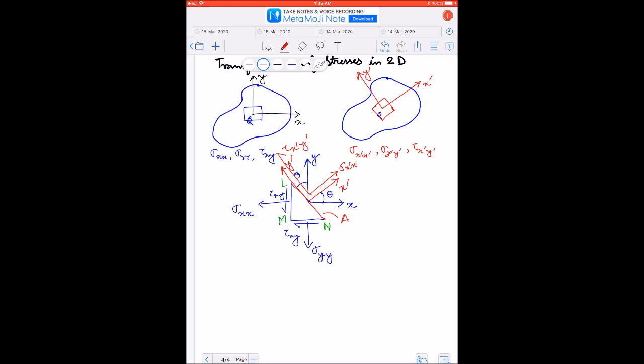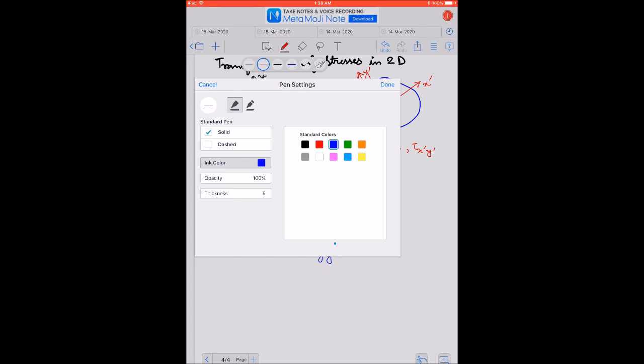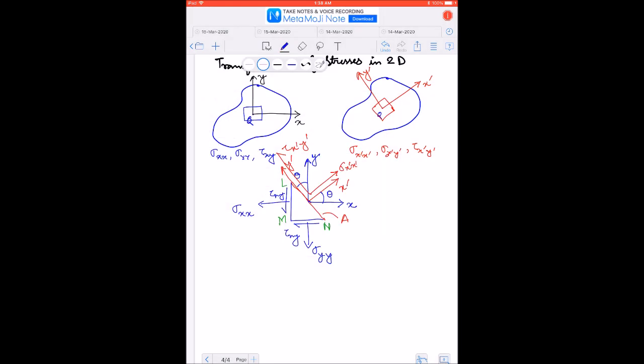Now if this angle is theta, then we know that this angle will also be theta, which means this angle would be theta, and this angle would be 90° minus theta.